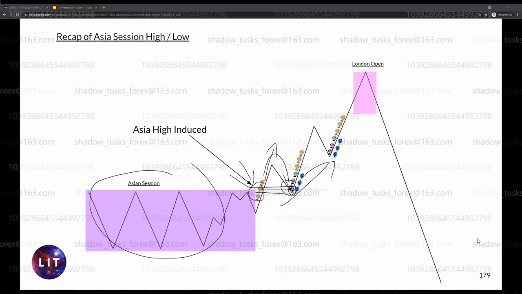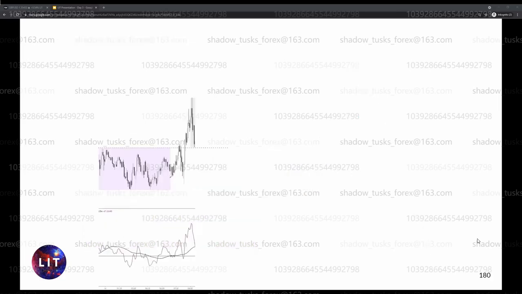So how it can look in charts, it's very easy. You have minor inducement here, right? Of course, then price rallies up into the London trap, but you already can guess that this will probably be a retailer's heaven or hell in that sense. But obviously what you see here as well, we're having our touch of the Asia high to induce, to get rid of those people who took the momentum trade here, getting the breakout out of it, right?